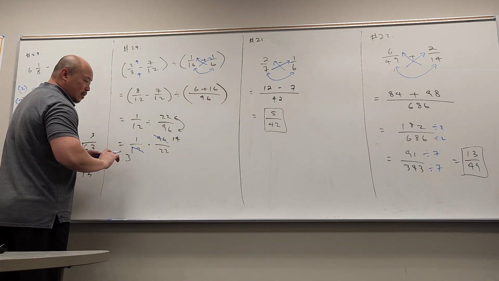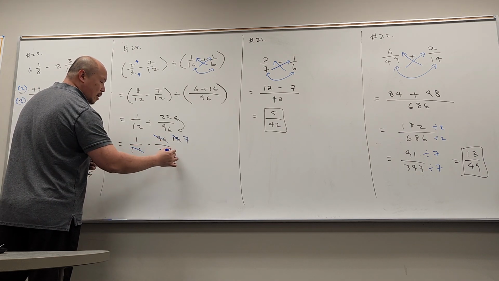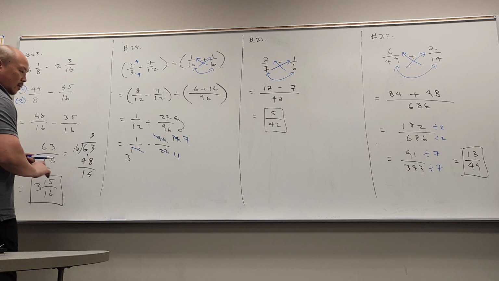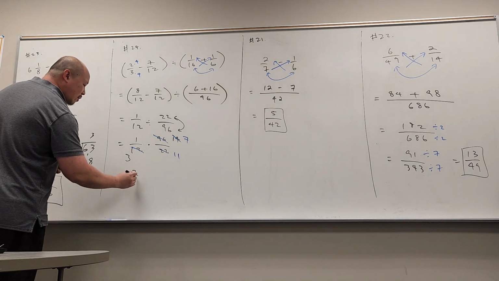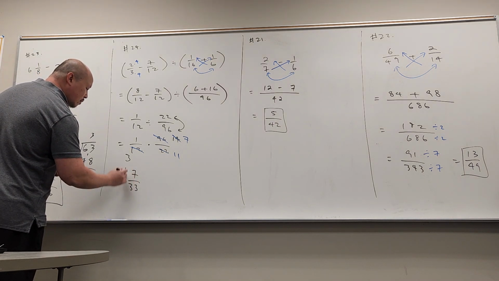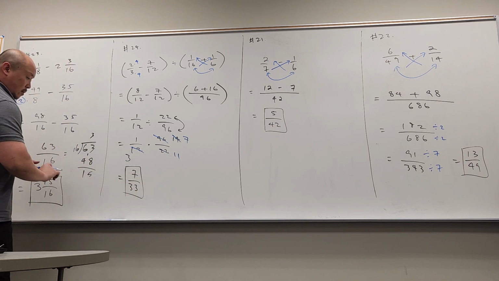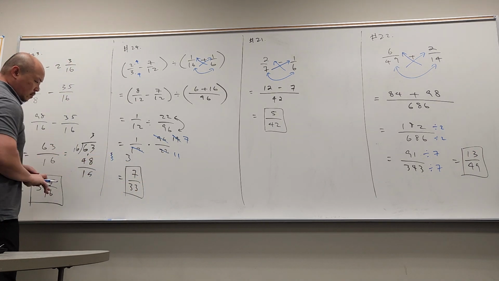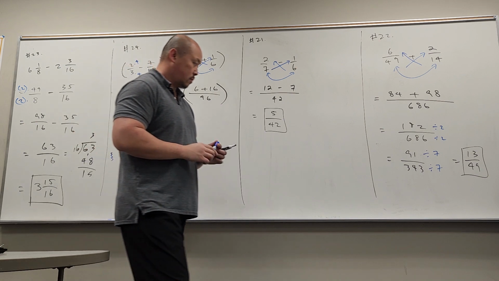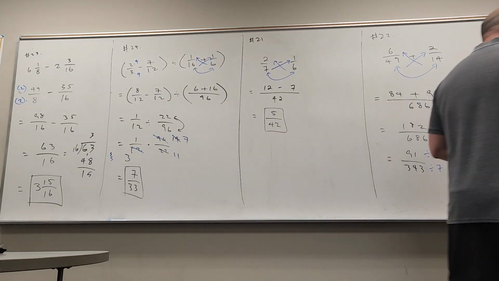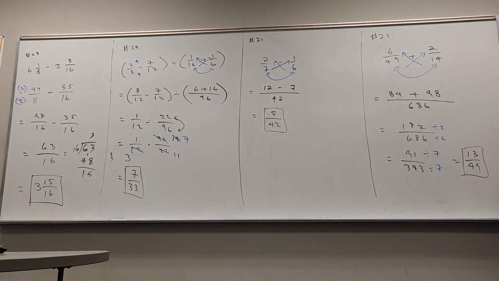So that will be 7 and that will be 11, right? So that's 7 over 33. And that's the answer for number 24. 24 is hard. That's probably the hardest problem alongside number 25.